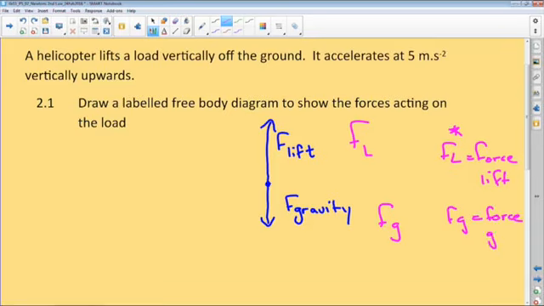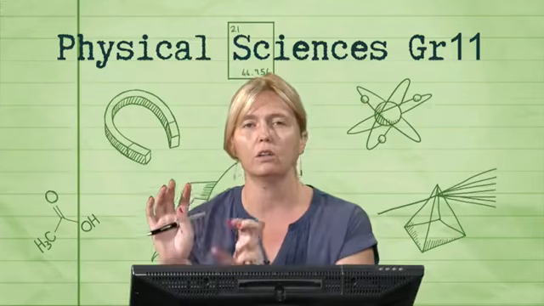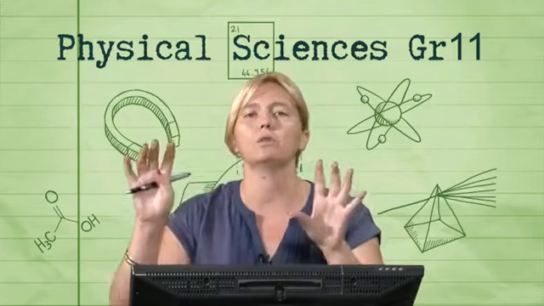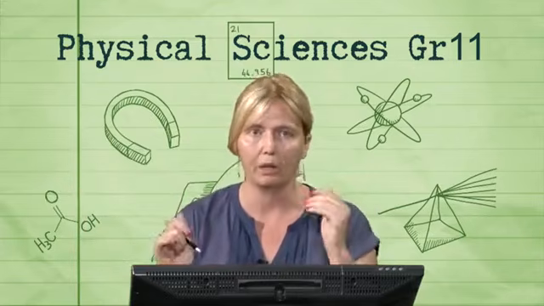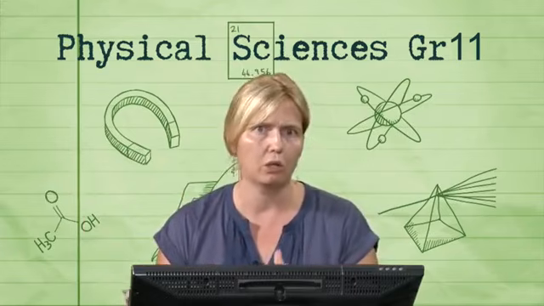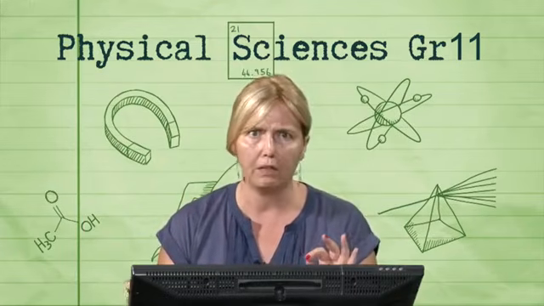Because just having these is not enough of a labeling. We want you to label it properly. So if you are using shortened forms, make sure you've got a key on the side for your examiner to see that you mean FL equals force lift and FG equals force due to gravity. Okay, good. I'm sure you all got that one perfectly correct.